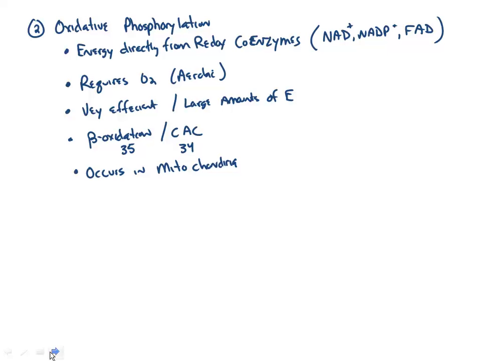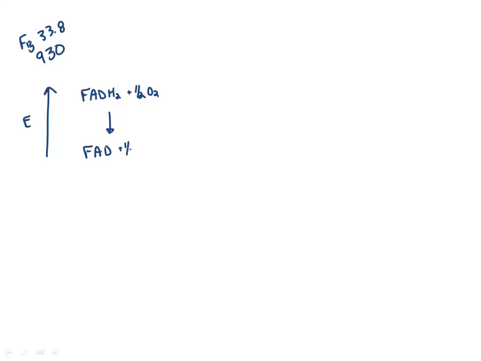And so here, if we kind of draw it, this is really just in your book. It's one of my favorite figures in your book, figure 33.8, page 930. There's two of them that we're going to worry about. Basically, we can have FADH2 plus a half O2 going to FAD plus a half O2.